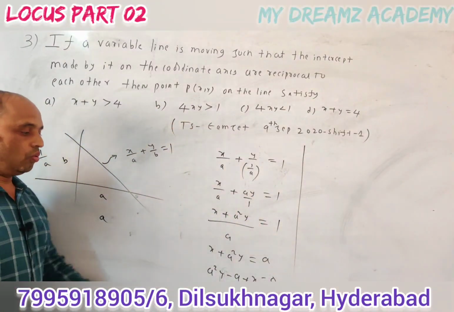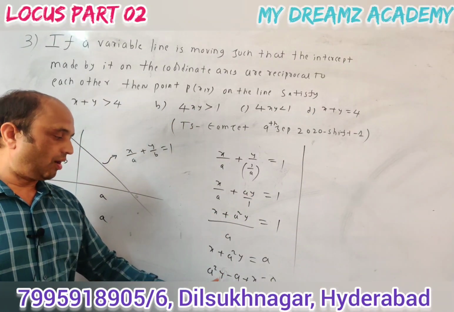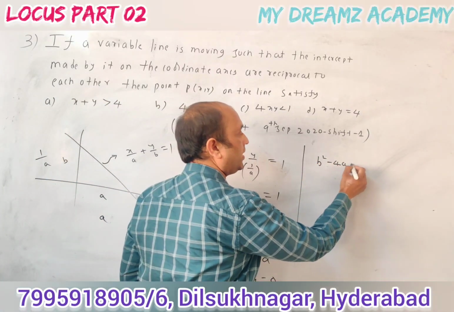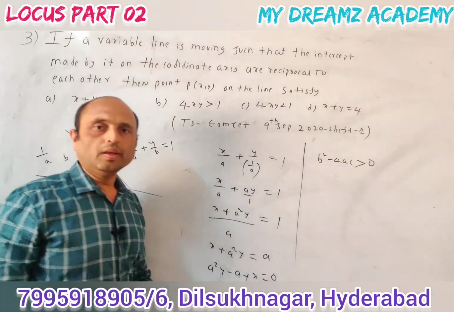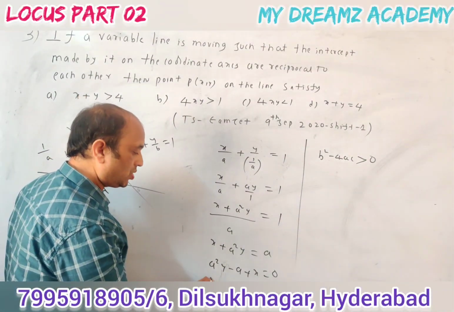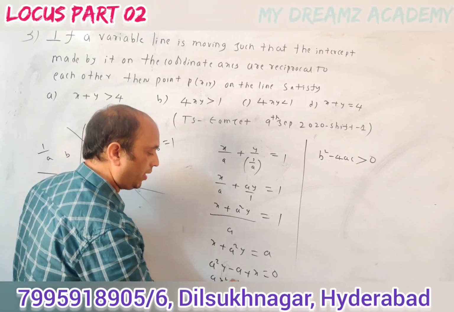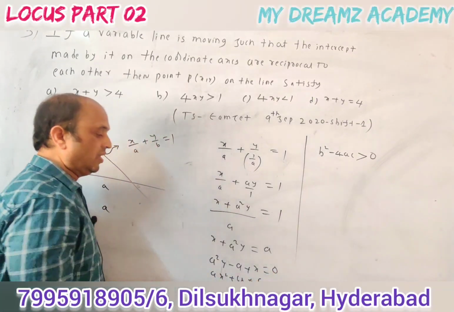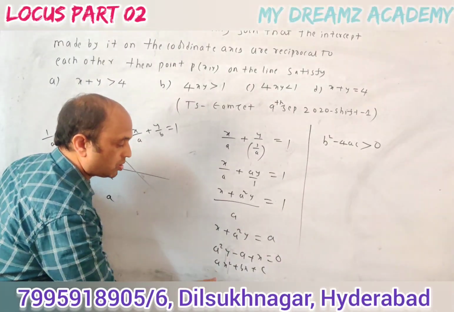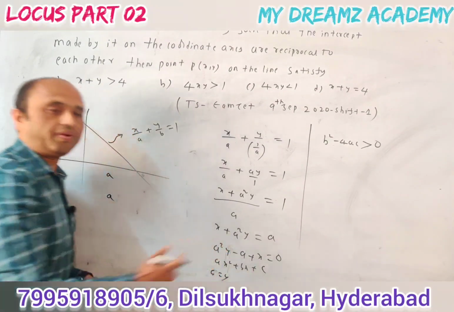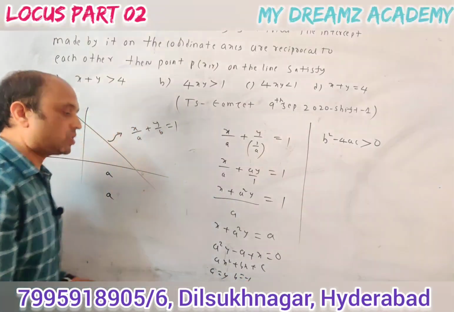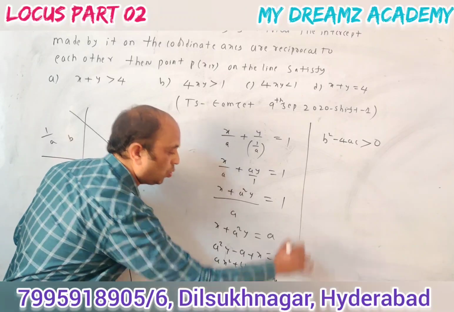So here we are discussing the real part. If the roots are real, then the discriminant b square minus 4ac is greater than or equal to 0. Already we know that. So compare this equation with ax square plus bx plus c. So a is equal to y, b is equal to minus 1, c is equal to x.